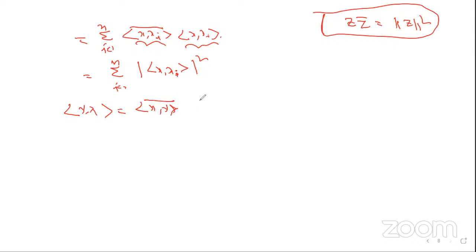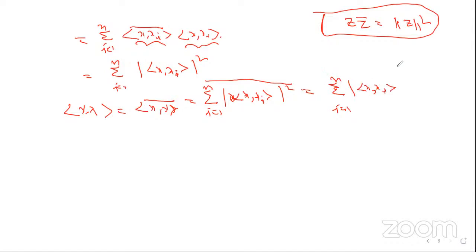That equals the sum from i equal to 1 to n of mod of the inner product of x comma xi, whole square, conjugate. That equals the sum from i equal to 1 to n of mod of the inner product of x comma xi, whole square. That is nothing but the inner product of x comma y. What we proved: the inner product of y comma x equals the inner product of x comma y.